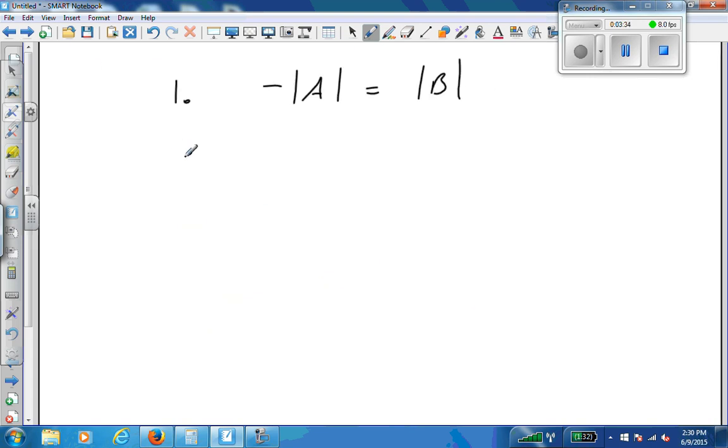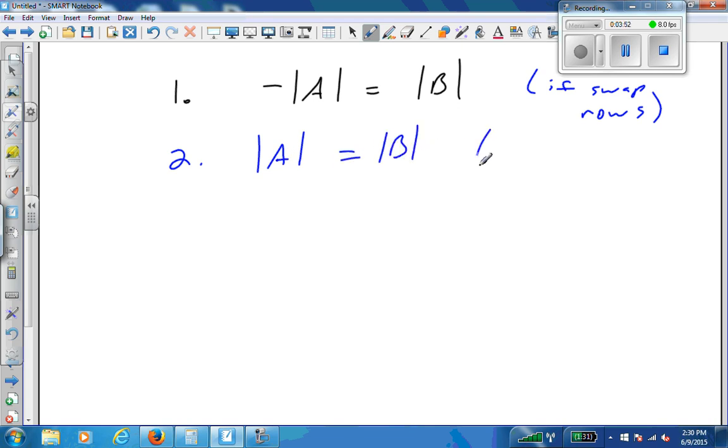So if we swap rows, the determinant of the first one is the opposite of the second one.